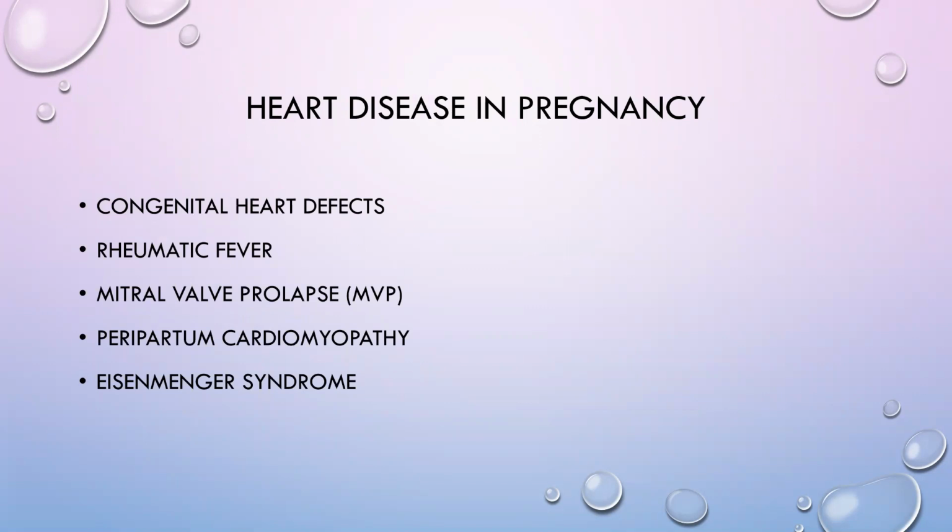Heart disease and pregnancy. Many women with heart disease become pregnant. Heart disease can be a result of congenital heart defects, rheumatic fever, mitral valve prolapse, peripartum cardiomyopathy, and others.